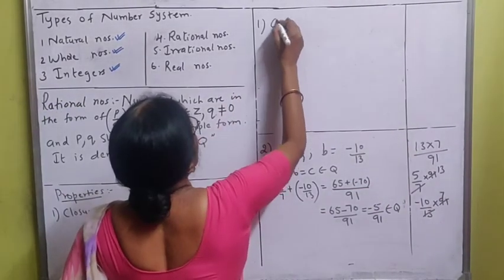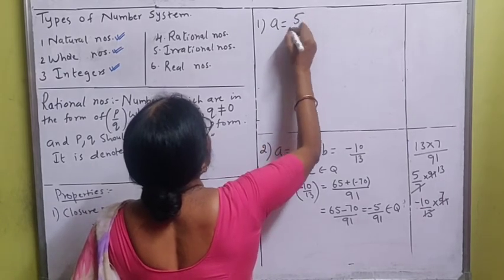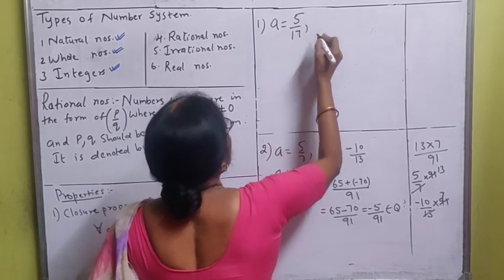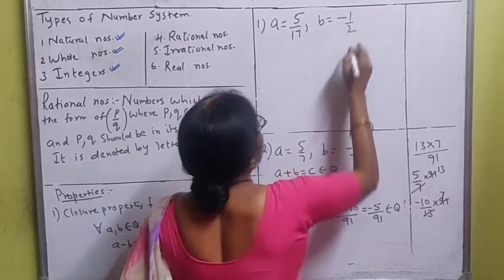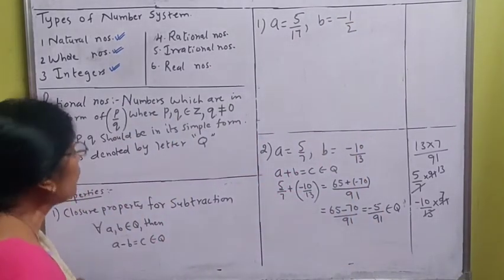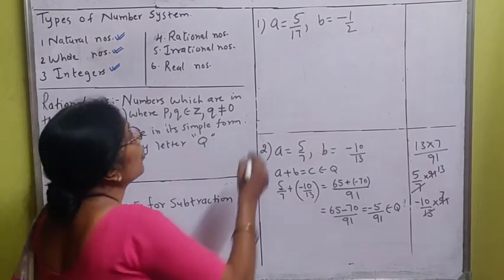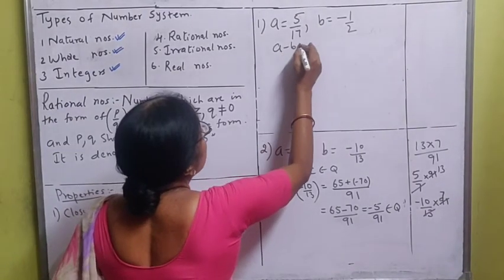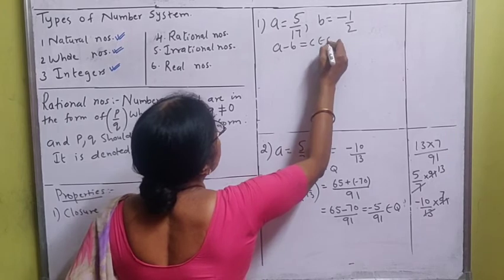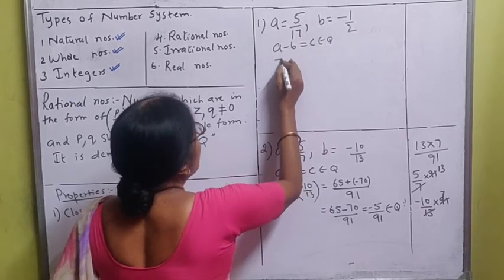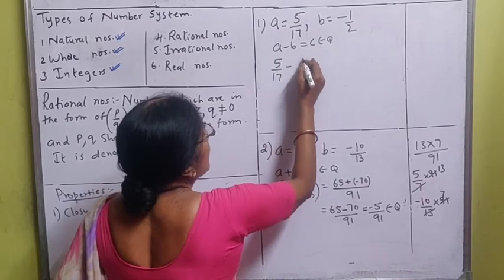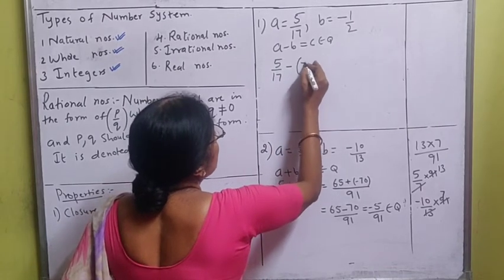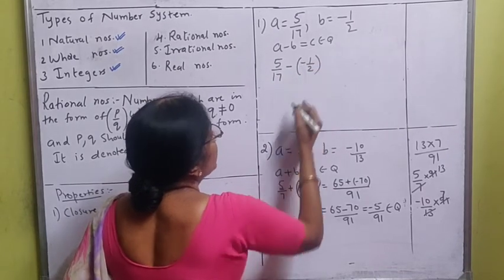So first example, A is equal to 5 by 17, B is equal to minus 1 by 2. So what I have to prove? A minus B should be equal to C, which should belong to Q. What is A value? 5 by 17 minus, another minus is there, I'll keep it in the bracket, minus 1 by 2.